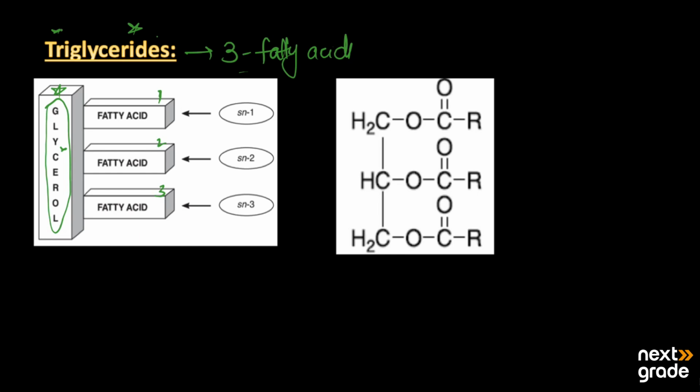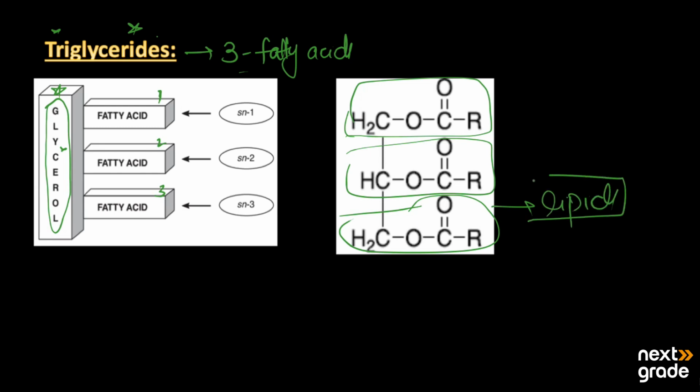Let's have a structure on it. We have this simple ester, this is the second, and this is the third ester. They combine in the long chain form and make up the simple lipids, as there are three fatty acids combining with the glycerol. That's why they are known as triglycerides. This is basically the general formula for the triglycerides.